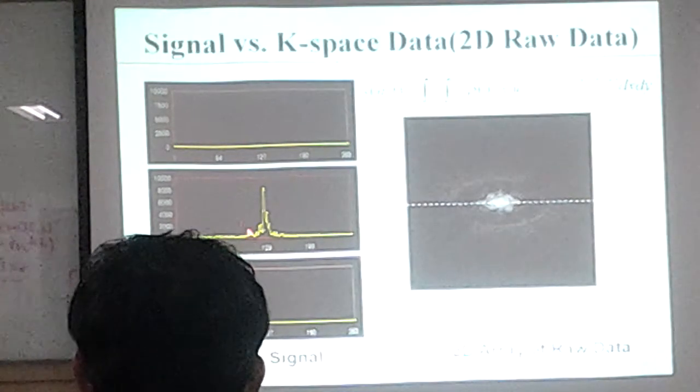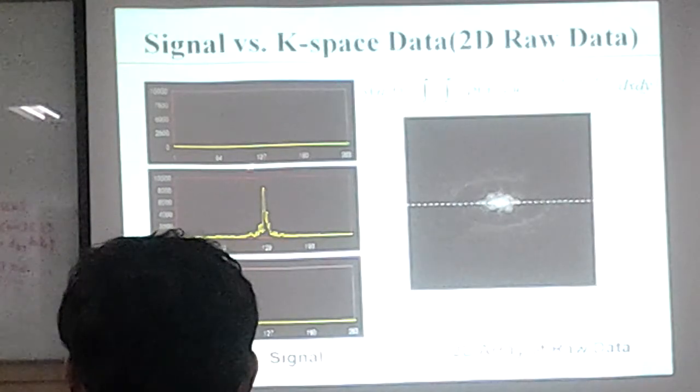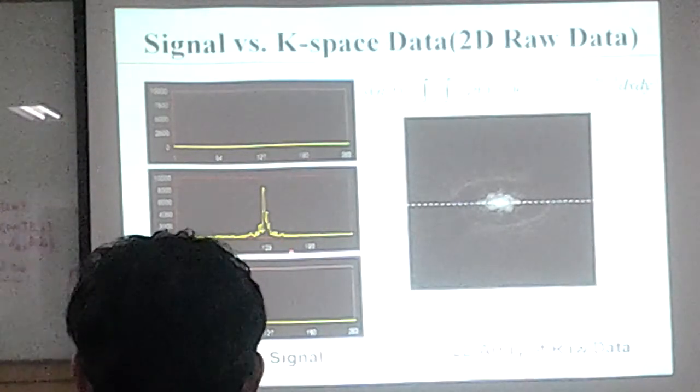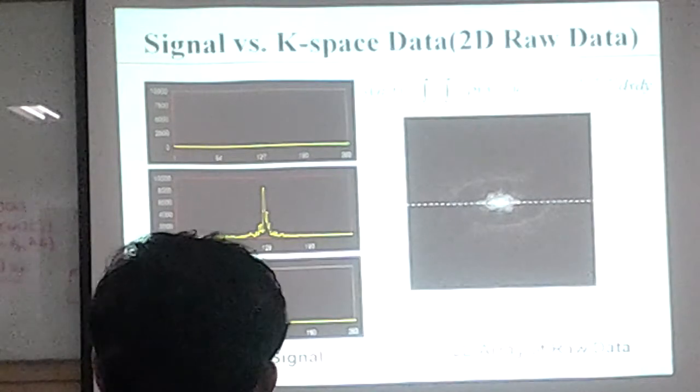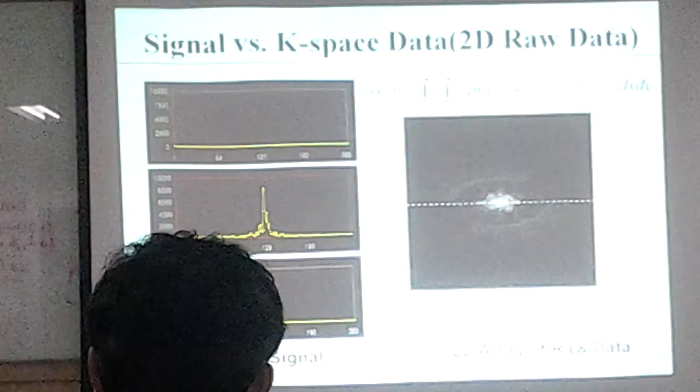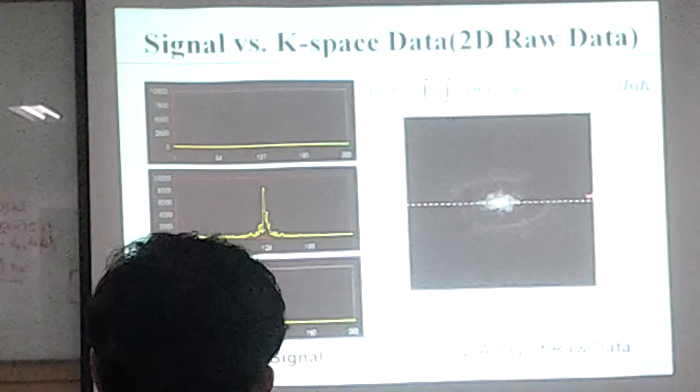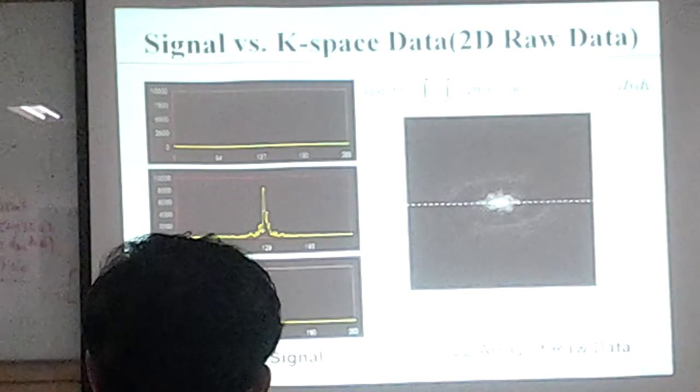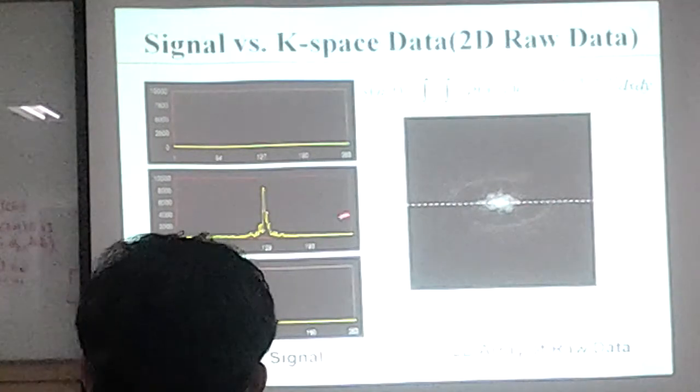For the zero phase encoding gradient, the signal is very, very large. So this is the case-based data, sometimes we call it the MR raw data. The signal profile of the center line is shown here.